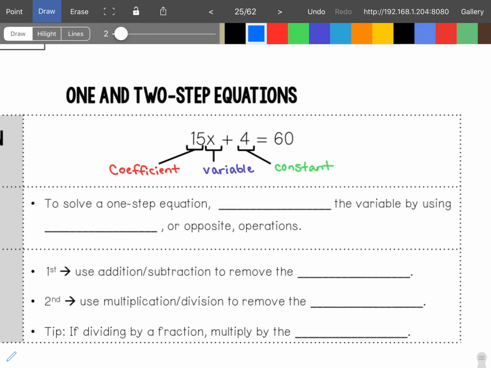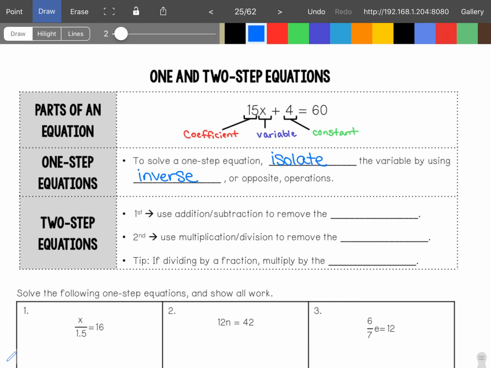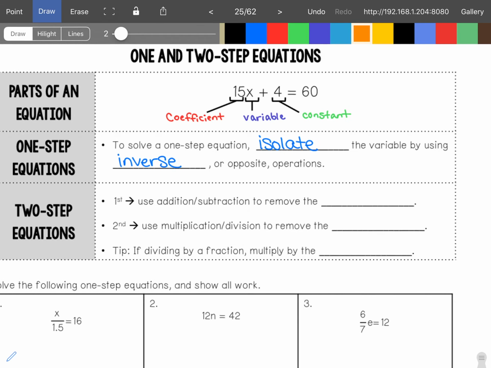All right, to solve a one-step equation, isolate the variable by using inverse or opposite operations. For two-step equations, the first thing we're going to do is use addition or subtraction to remove the constant.